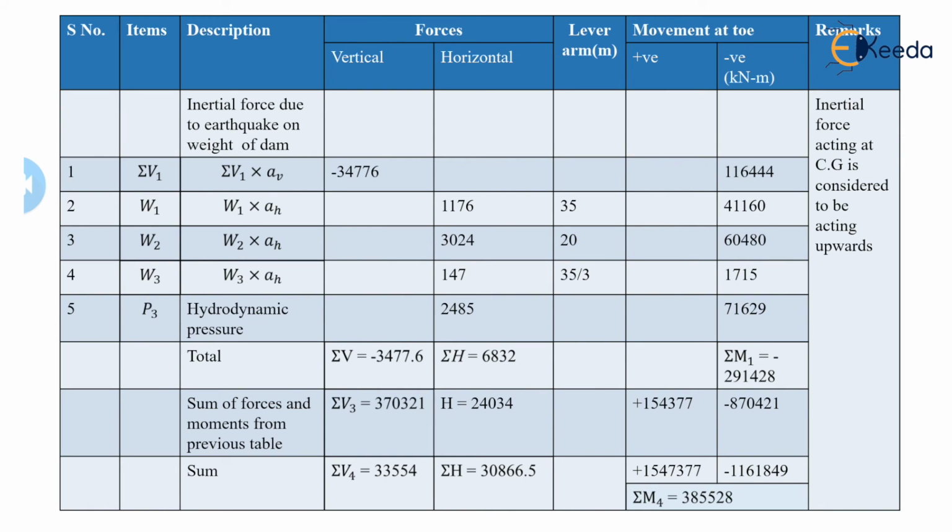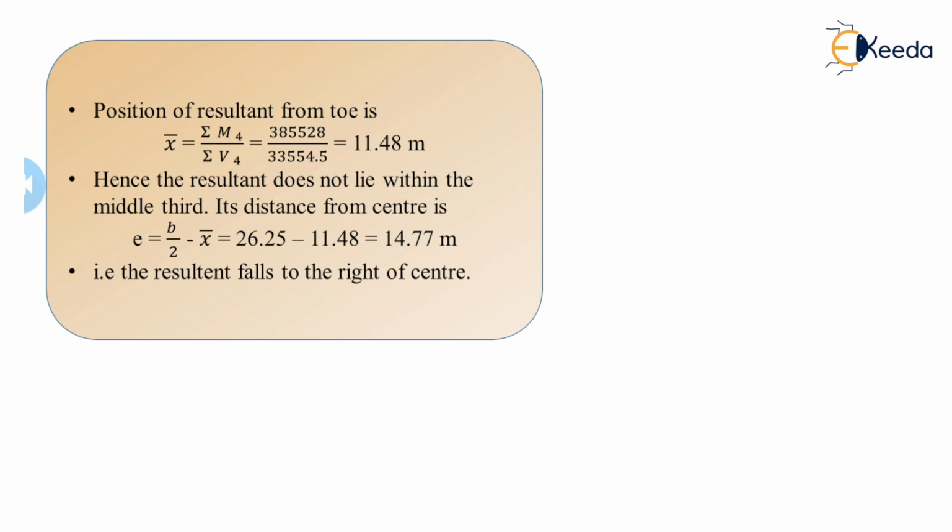So finally, finding out the summation of the vertical forces, the summation of horizontal forces, the summation of positive moments, the summation of negative moments, we will get the final moment as 3,85,528 kilonewton meter. And here we will get the summation of vertical forces as 33,554 and the summation of horizontal forces as 30,866.5. Similarly, again we have to find out the position of the resultant force.